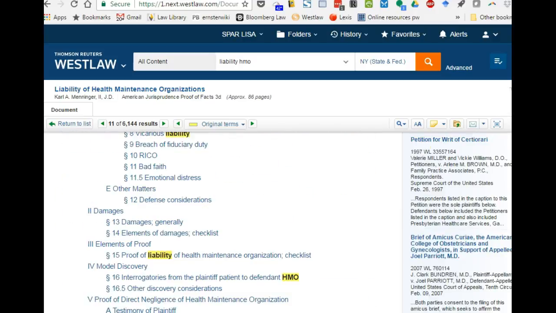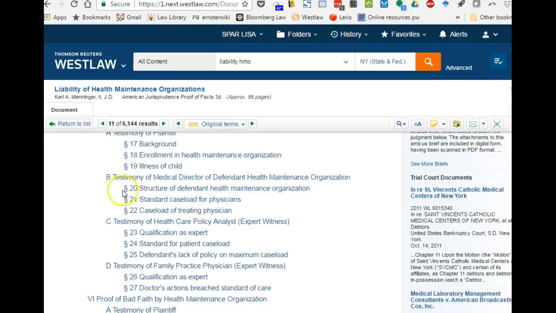Testimony of an expert, testimony of a director of an HMO. So very specific, obviously. These are questions you might want to ask in litigation for these particular people in this particular area of law.